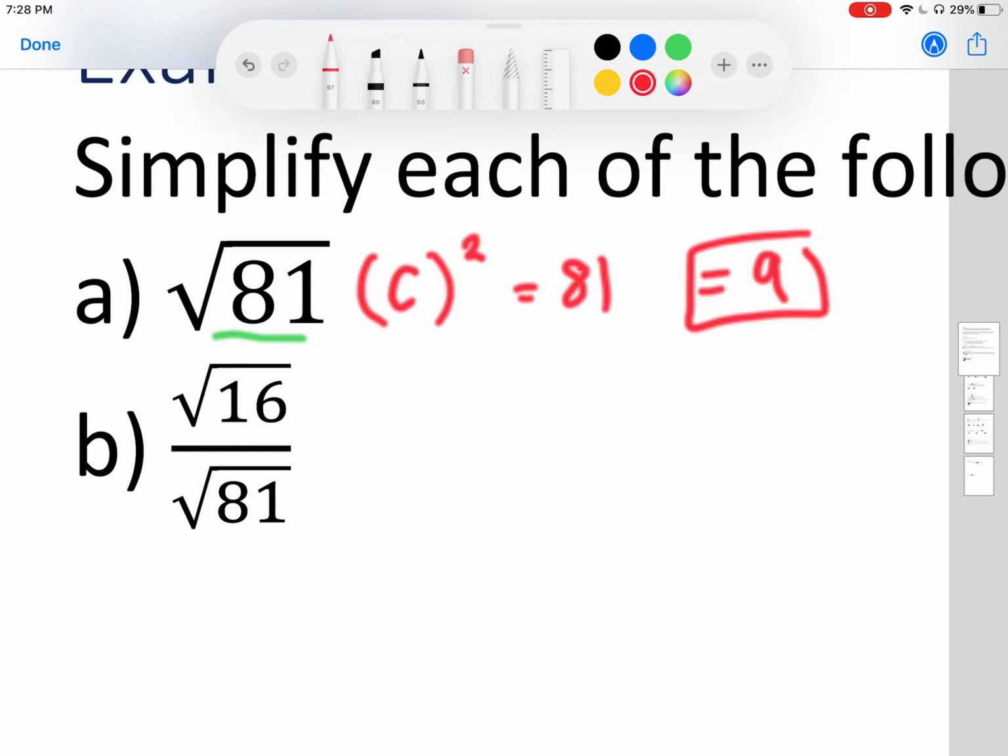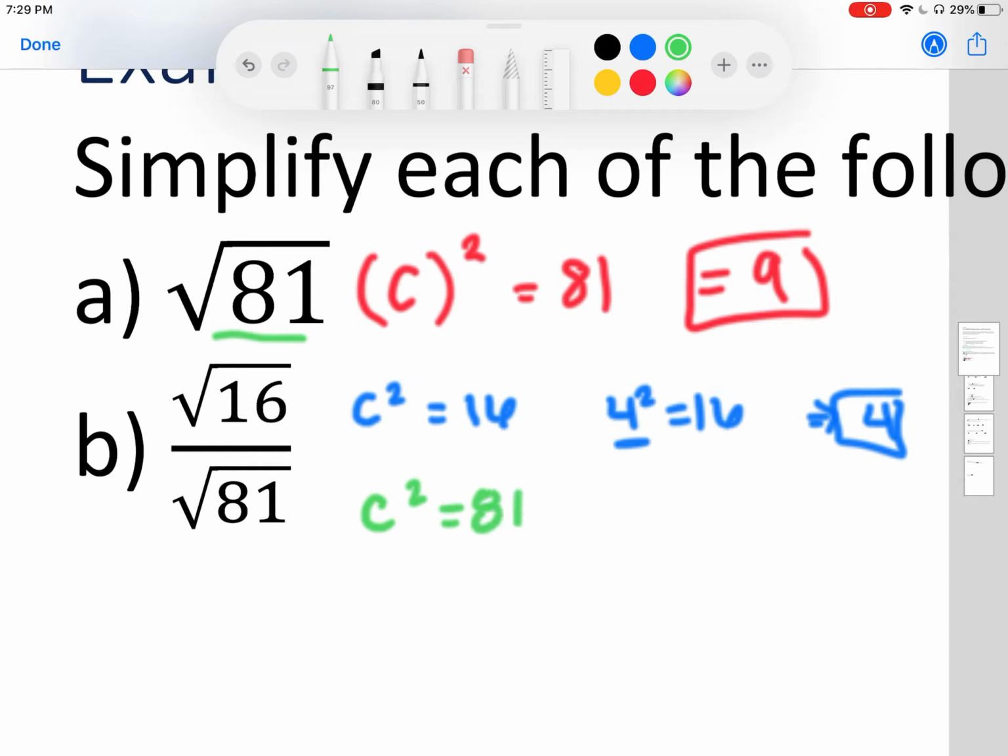So for 16, is there a number such that when I square it, I get 16?